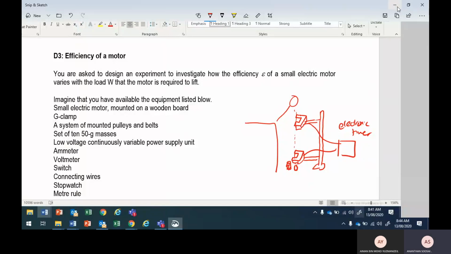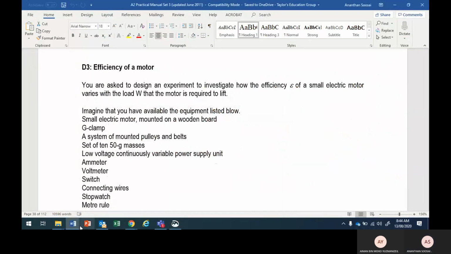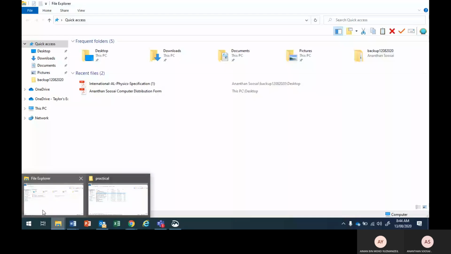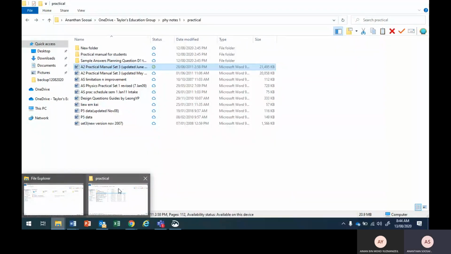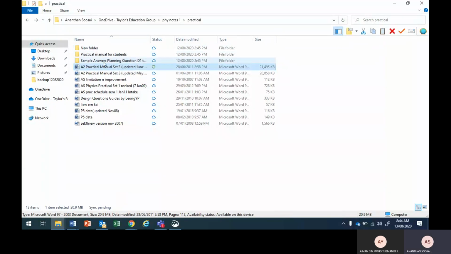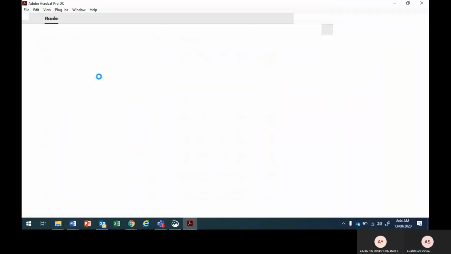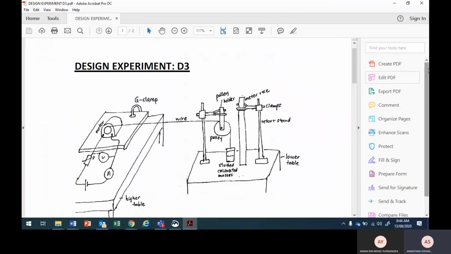Okay, so let me show you one setup. So maybe you draw 2D, that's fine.